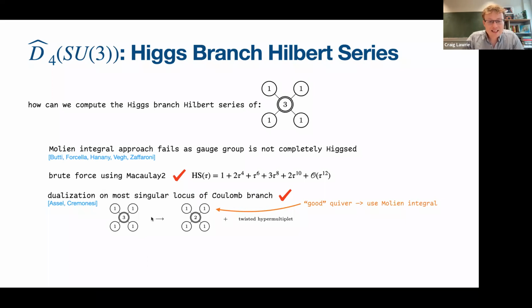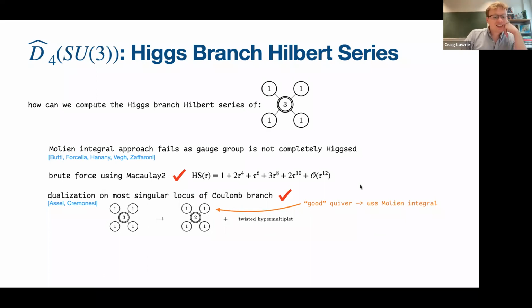Basically around the most singular locus of the Coulomb branch of this theory, you obtain this theory plus a twisted hypermultiplet. And this thing here is a good quiver, as you can see just by counting up the balance. And so this thing you can compute the Hilbert series of using completely naive Molien integral methods, just following these authors here. And of course, you produce the same answer.